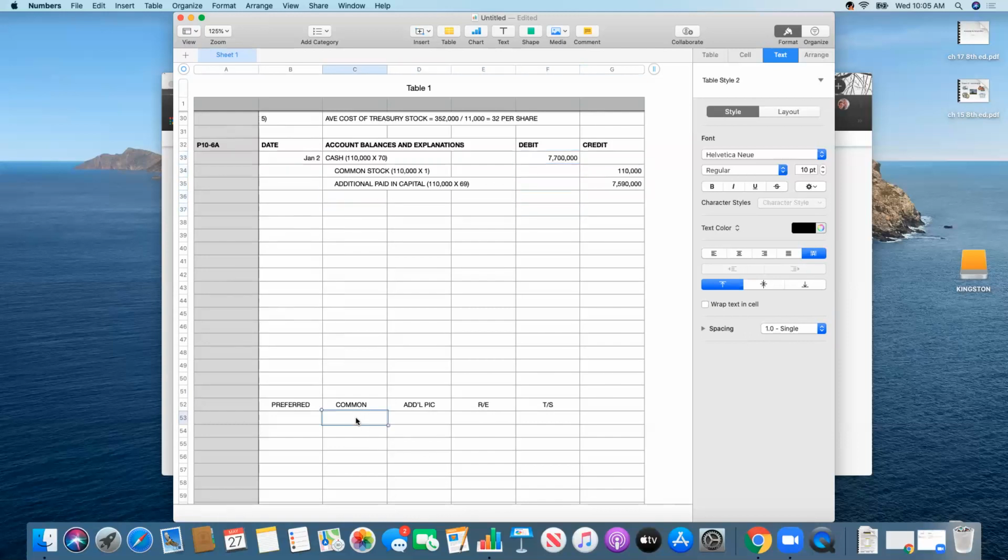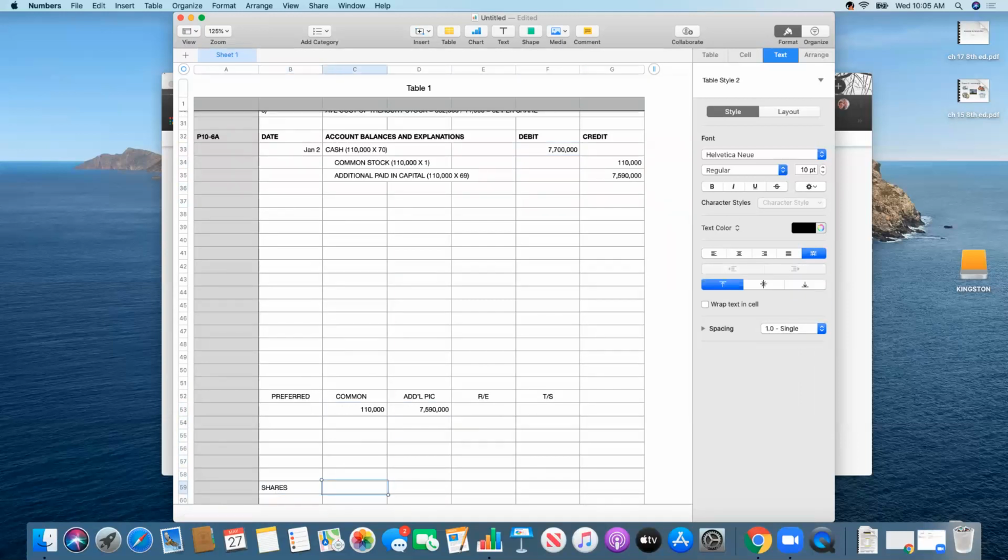Now, let's come down here and put $110,000 in this account, right? And we'll put 7,590,000 in this account. And down here, let's keep track of shares, because we're going to pay a dividend.